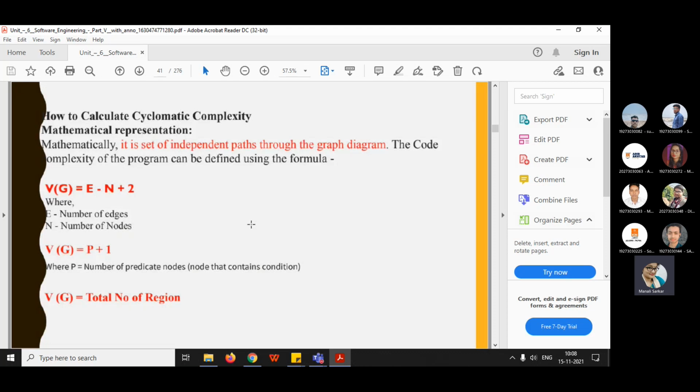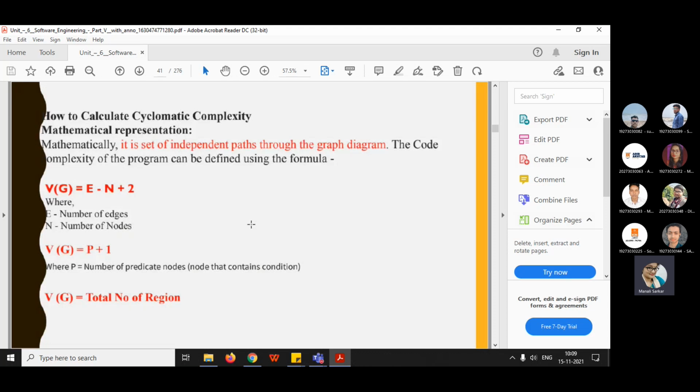McCabe's cyclomatic complexity is very simple to compute, though the McCabe metric does not directly identify the linearly independent paths, but it provides us with a practical way of determining approximately how many paths to look for.